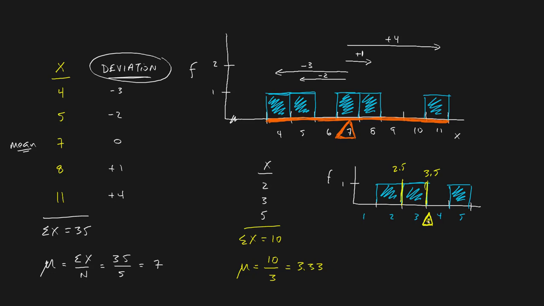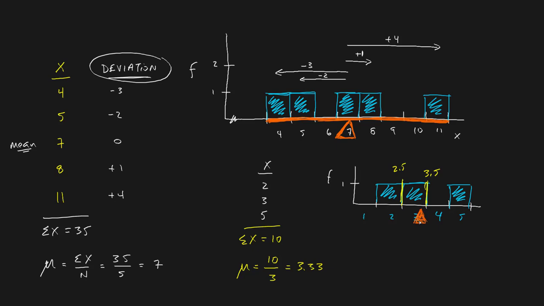In fact, that shows me that I put my balance point in the wrong spot. So let me fix that. So this is 3, this is my 4. My balance point, I'll do it in orange again, has to be just below 3.5. So the balance point is kind of over here.